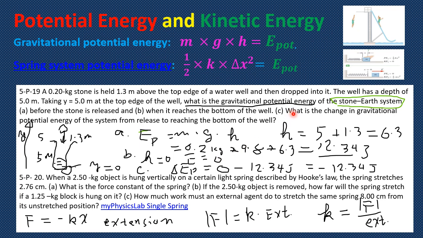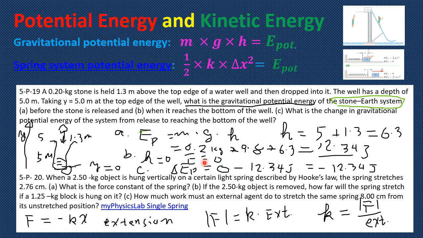Now C, what is the change in potential energy? As I always say in physical science, any change is precisely calculated by the later quantity minus the original quantity. The order matters. If you do a subtraction, the later one should be in the front, and then the earlier one on the back.